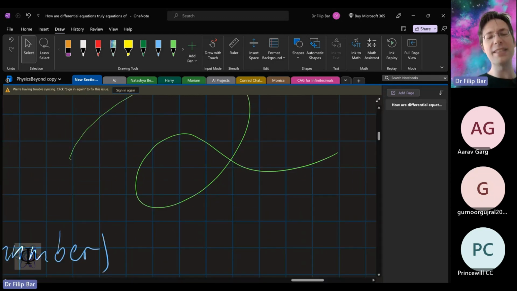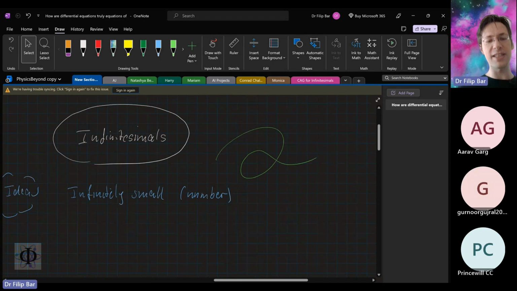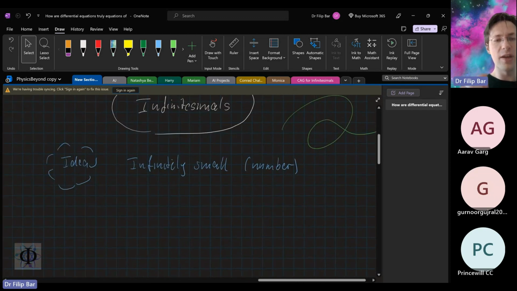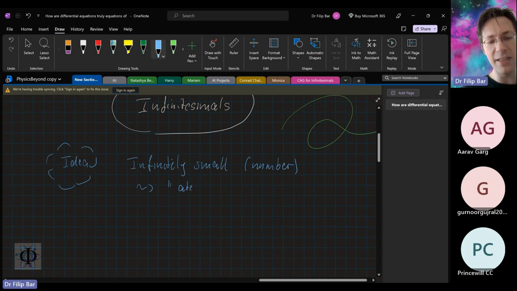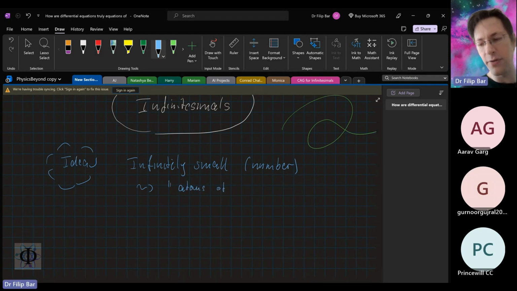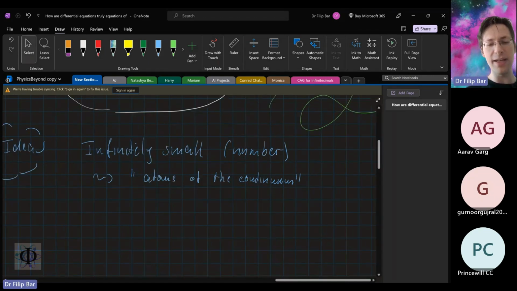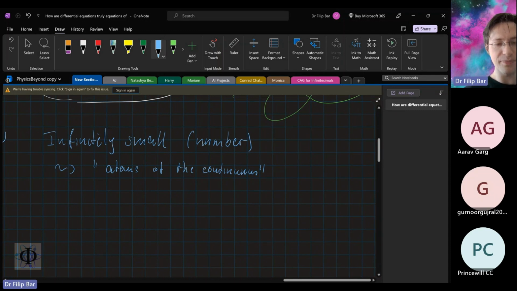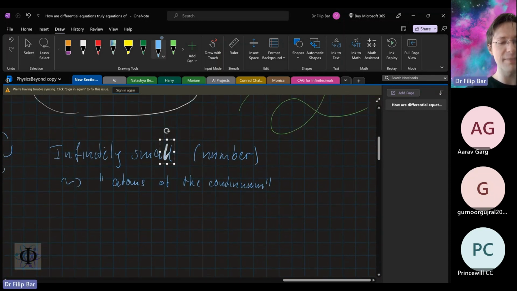So this is the idea. This is the motivation behind infinitesimals. So in a sense, what we want is, let me just give that a name, like atoms of the continuum. Okay, so we want something that is like an atom of a continuum, and we really like to think about straight lines. So when we think about it geometrically, right?